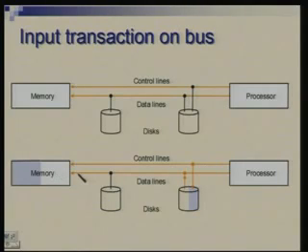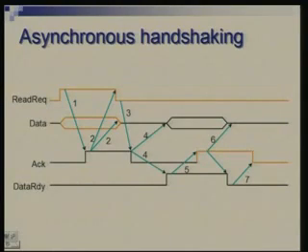Now how this happens exactly, what is the nature of signals, we will take up shortly. There are two ways in which these transactions could be organized: asynchronous and synchronous. In the asynchronous case, there is no clock involved to synchronize the events.